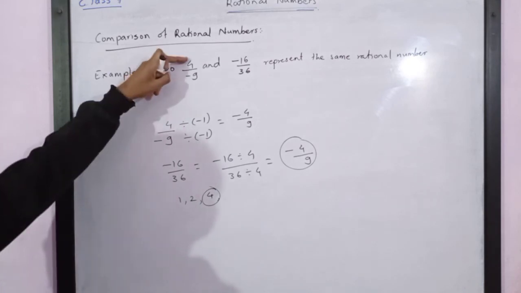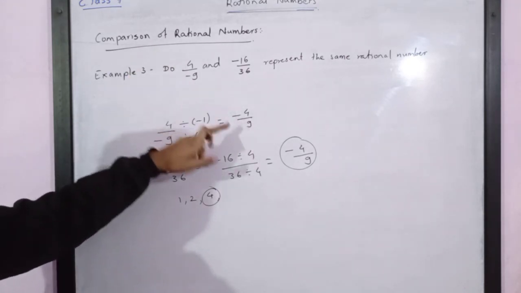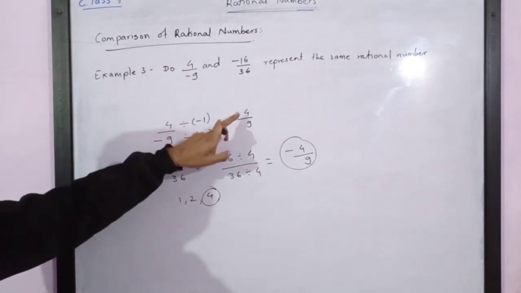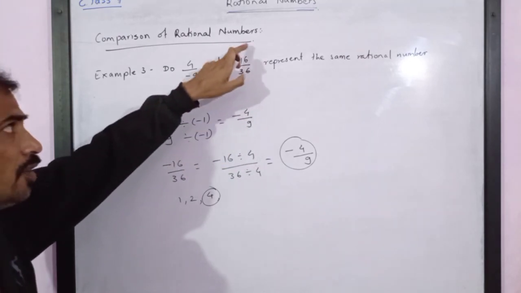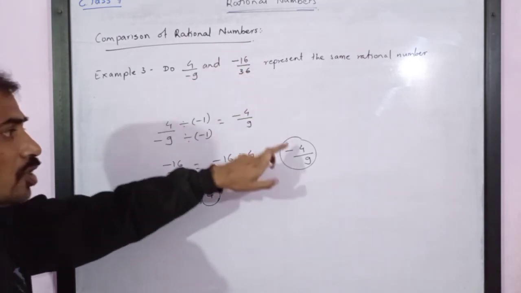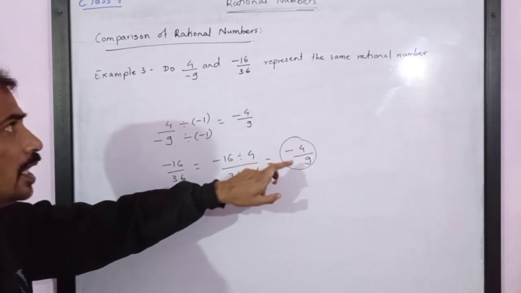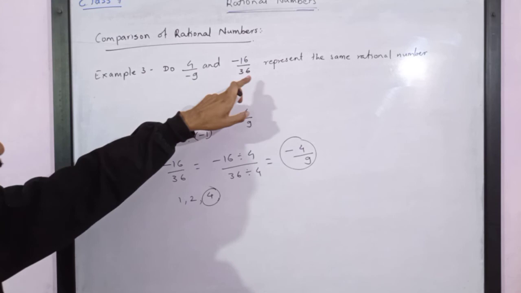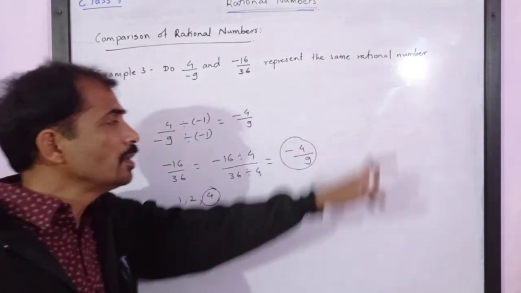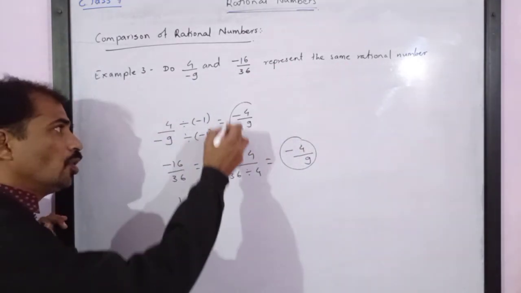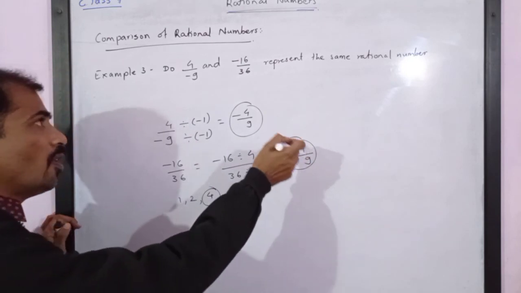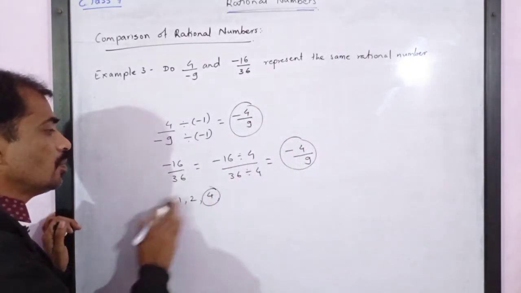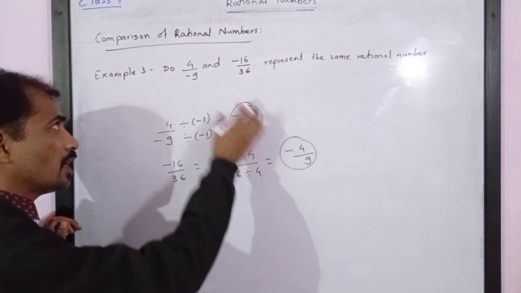The standard form of 4 upon negative 9 is negative 4 upon 9, and the standard form of negative 16 upon 36 is also negative 4 upon 9. It means 4 upon negative 9 and negative 16 upon 36 represent the same rational number. The reason is both have the same standard form. So in standard form both are same.